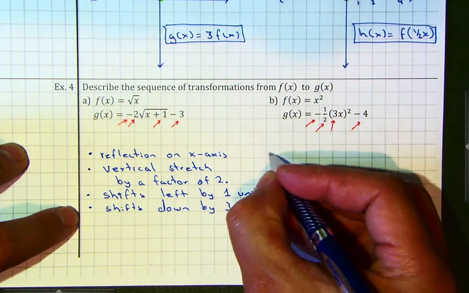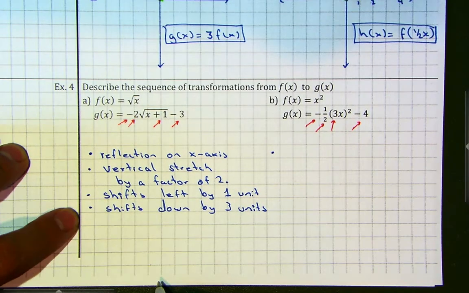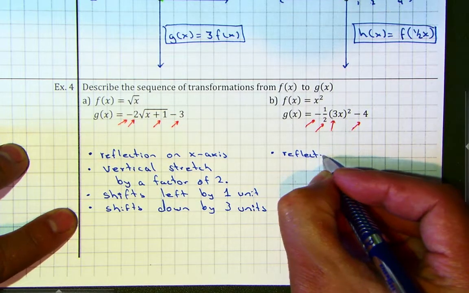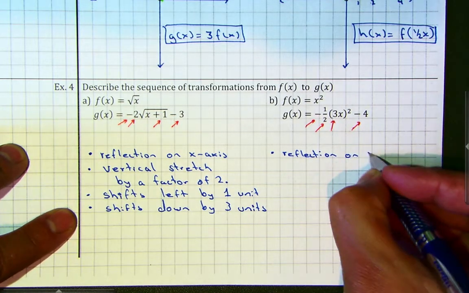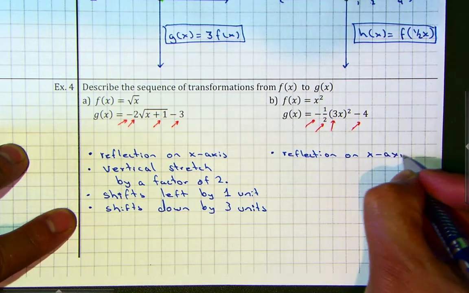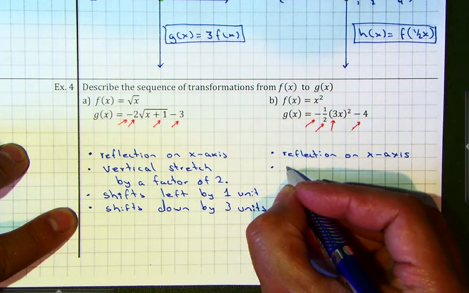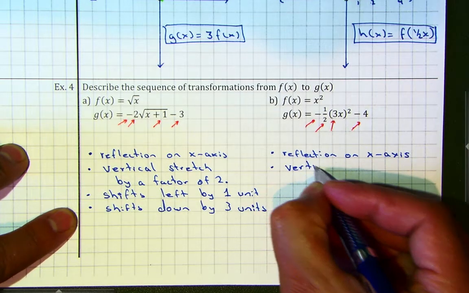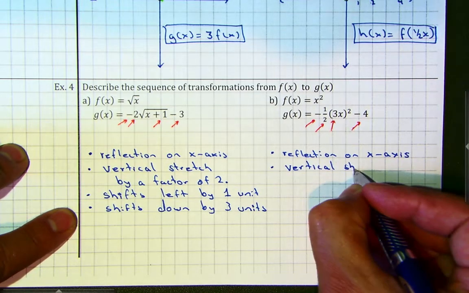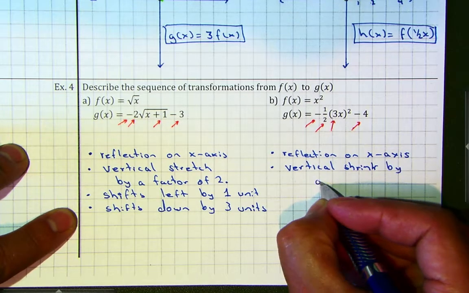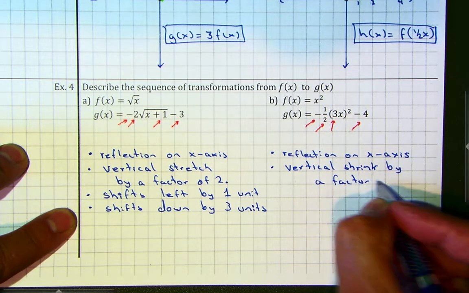So let's write them down. Reflection on the x-axis. Then it is going to be a vertical shrink by a factor of 1/2.